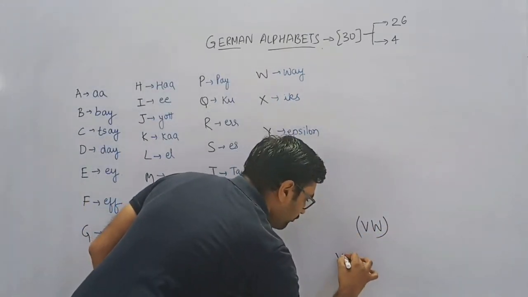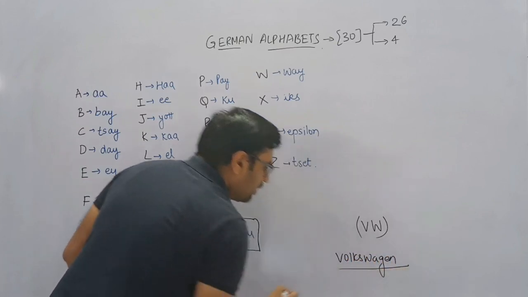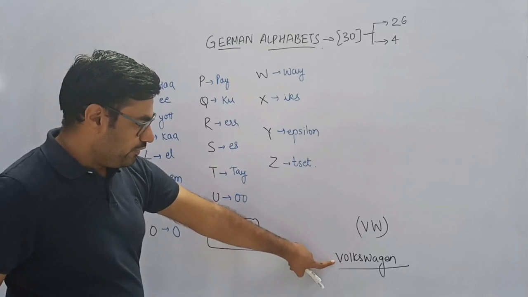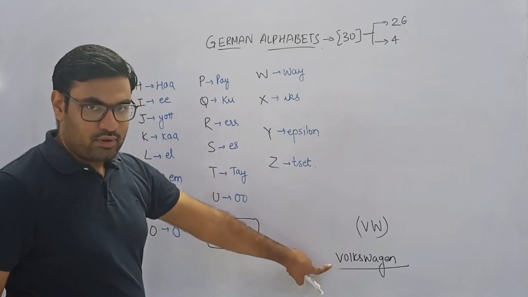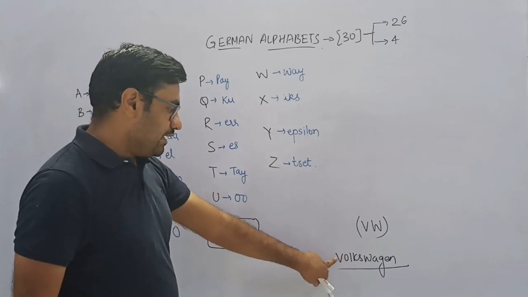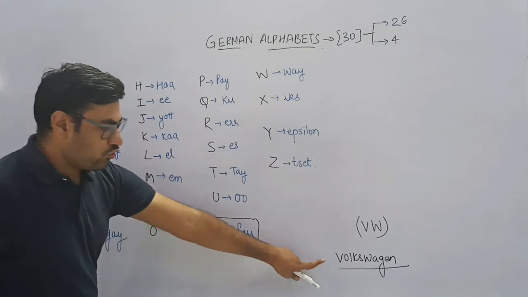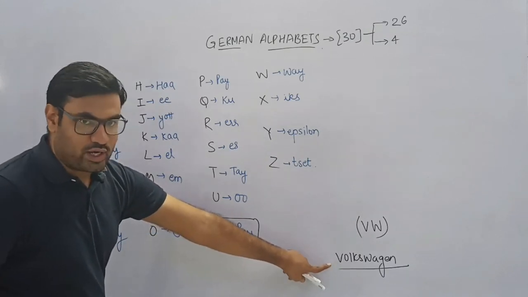Let me spell it for you. Have you wondered why this letter V is pronounced as F in Volkswagen? Because it's a German company, and in German the letter V is pronounced the same as F.